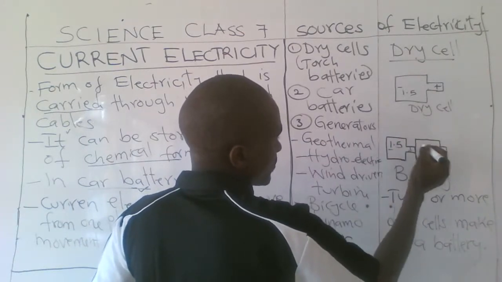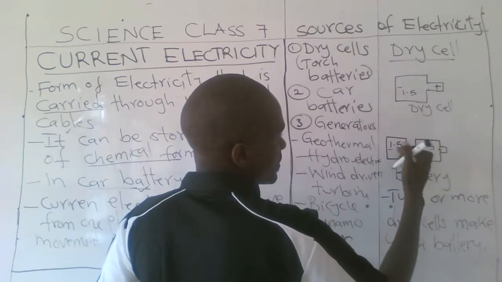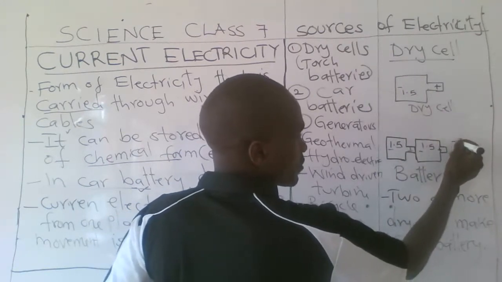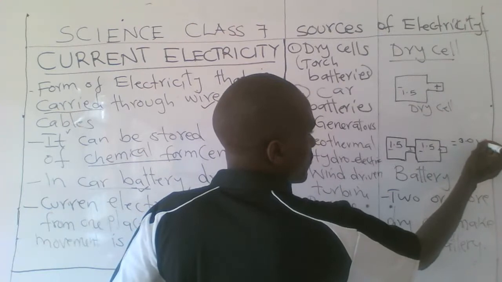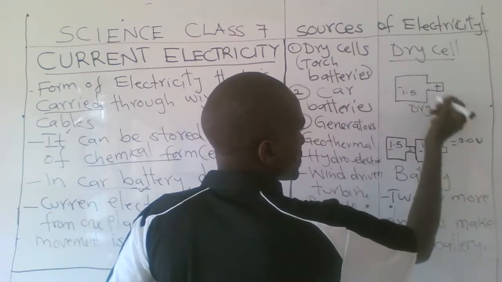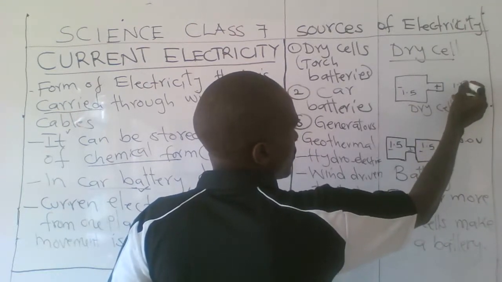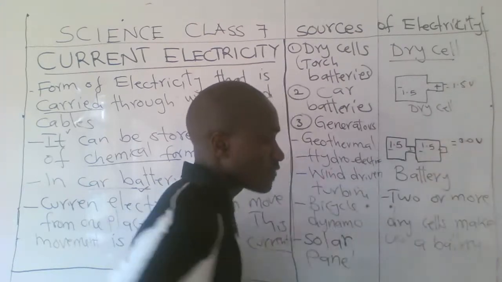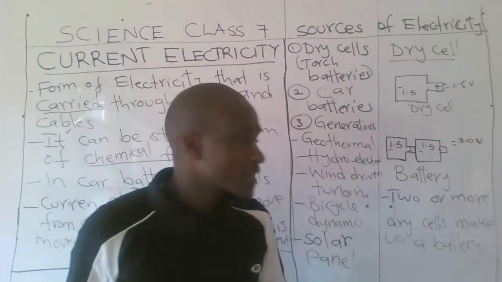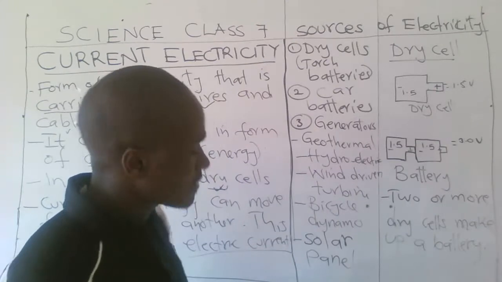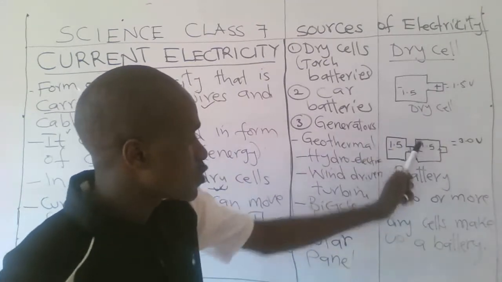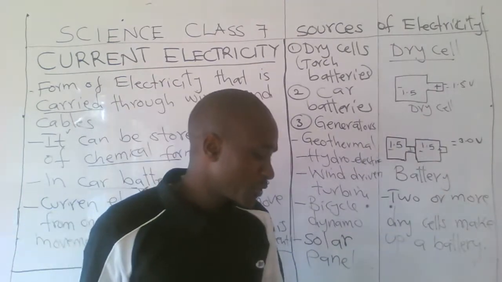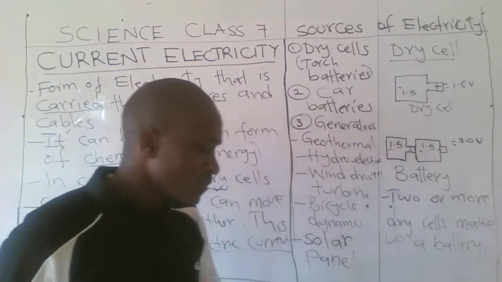So, for example, these two, when connected together, will have a voltage of 3.0, as one dry cell has a voltage of 1.5.